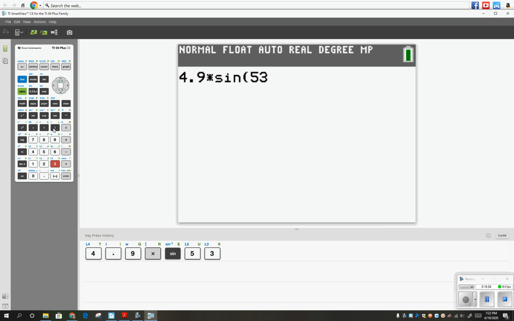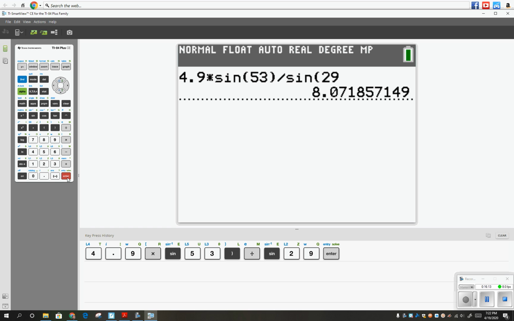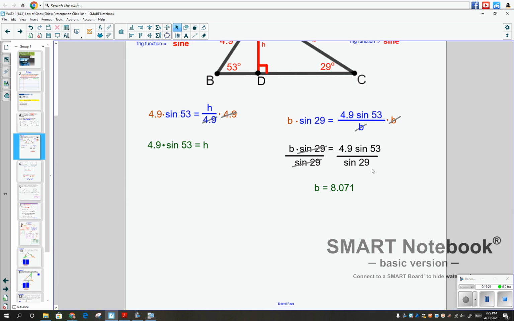Okay, 4.9 times sine of 53. That is going to then be divided by sine of 29. There's how I get 8.071. Which, rounded to the nearest hundredth, 2 decimal places, is 8.07 is my answer.